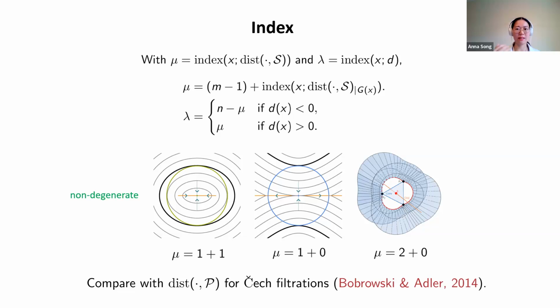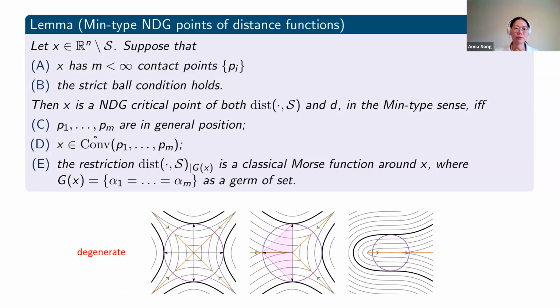And then lambda, the index with respect to the signed distance, is defined relative to mu. So it's equal to mu if you are located outside, and n minus mu if you're located inside, n here being the dimension of the space. So again, here it's useful to compare to the point cloud distance. So let me come back to the previous slide.